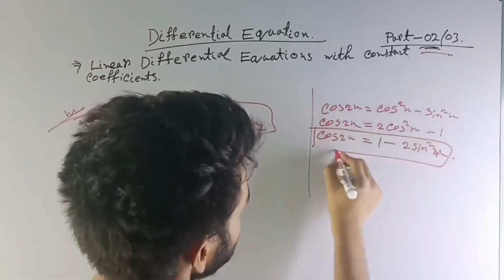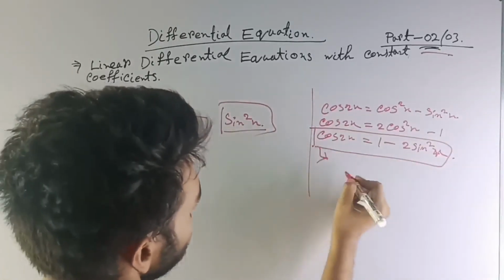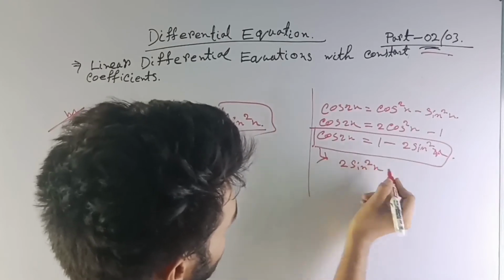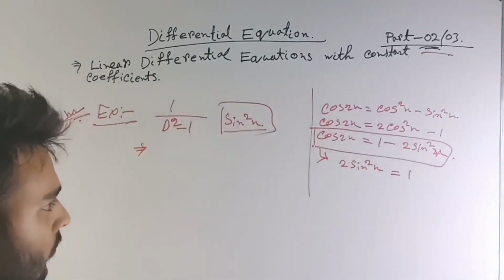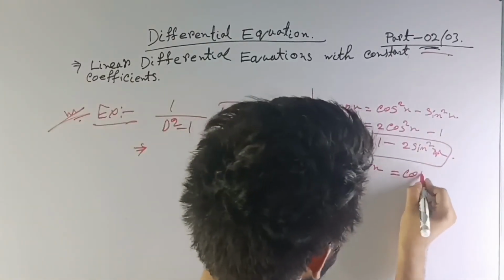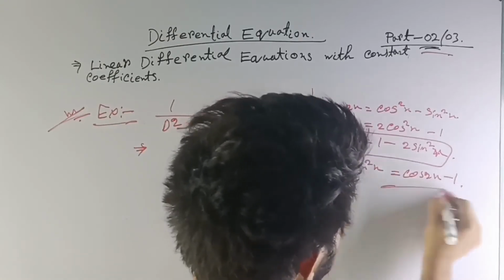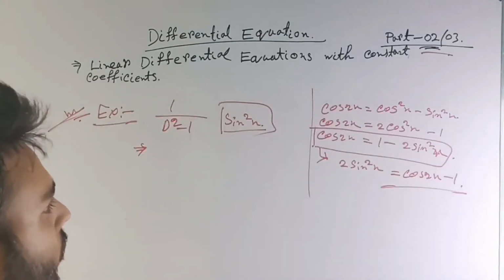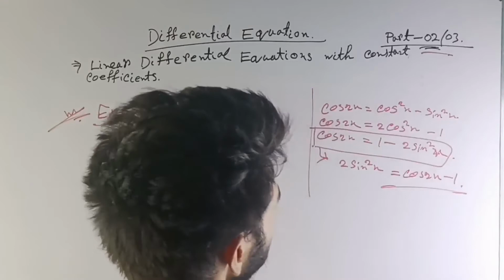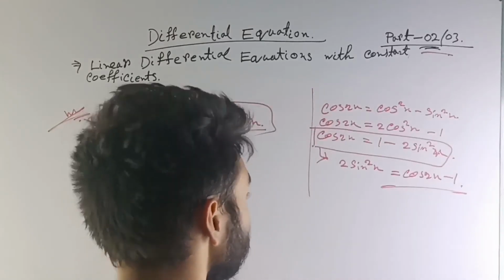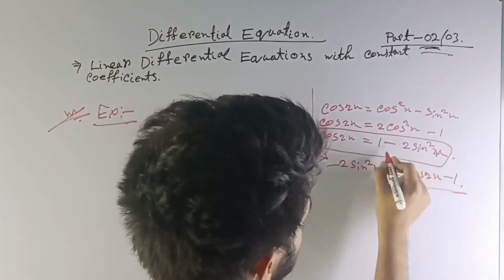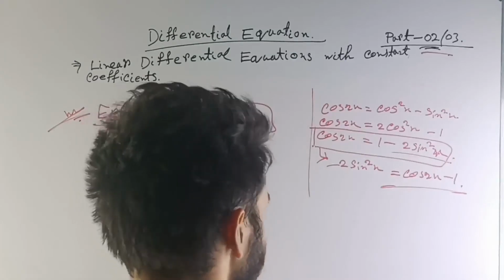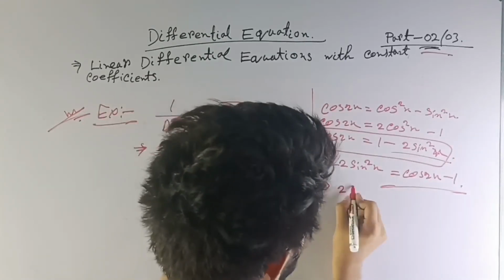So now sin square x coming here, therefore 2 sin square x equals cos 2x minus 1. I made some mistake here on this equation, and here the minus as well, so it's complete.